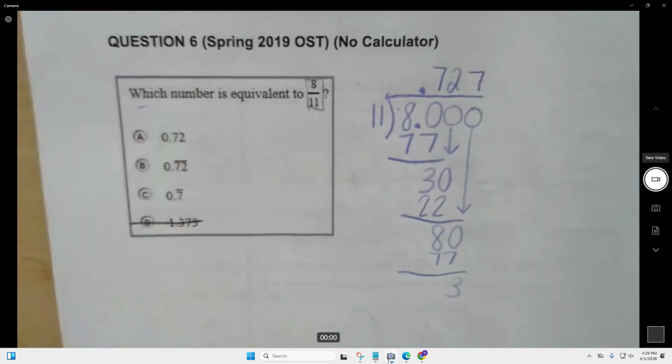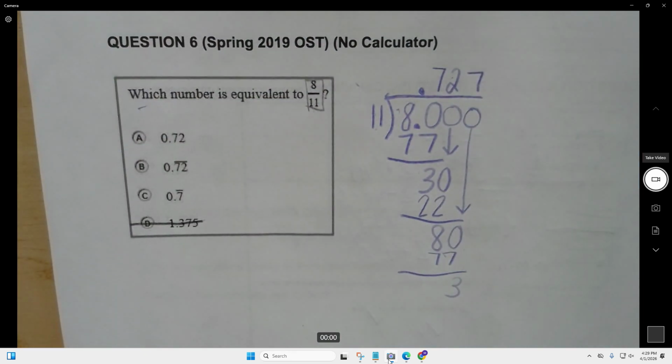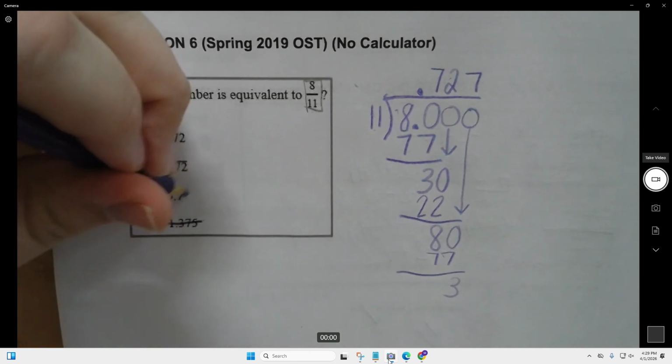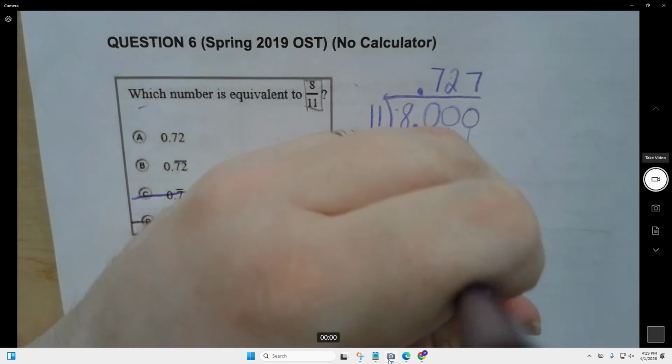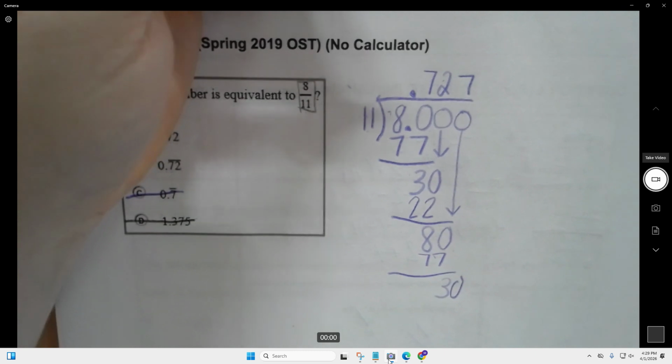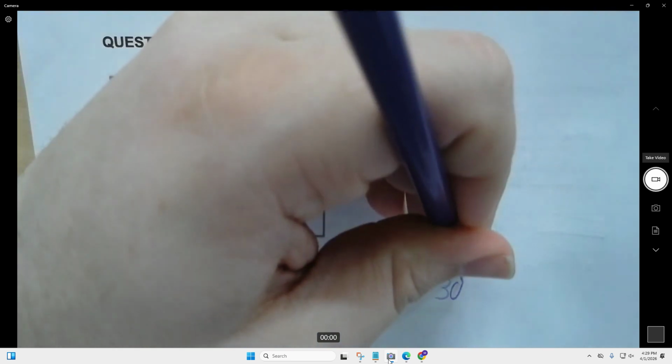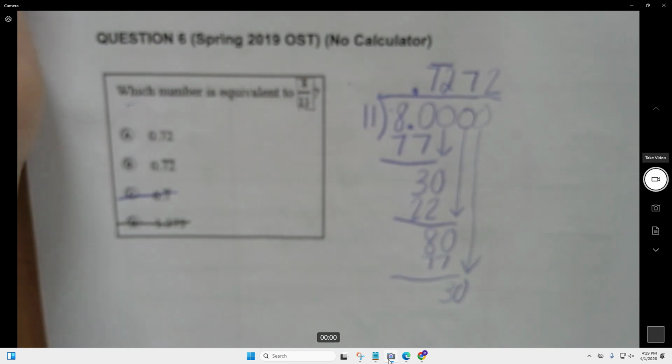But the moral of the story is that it's going to be 0.7272727272 repeating. First off, that's not 0.7. So when you have a situation where you're going to end up repeating, how this is written is you take the first repeating number and the last repeating number, so 7 and 2, and you put a bar over it.